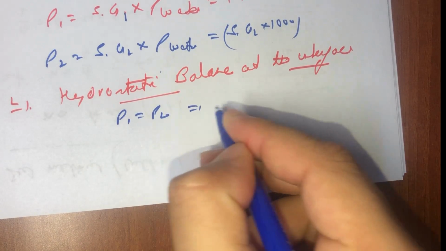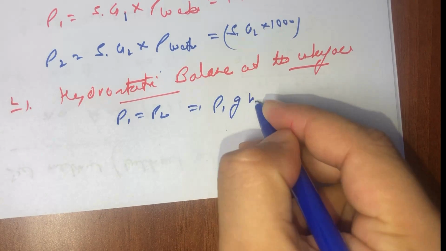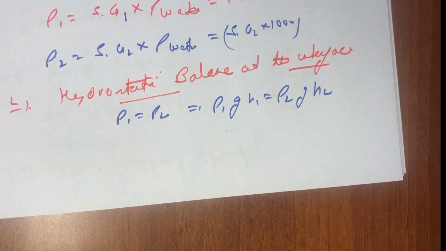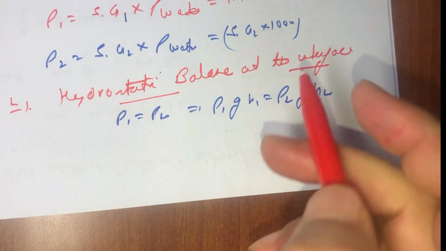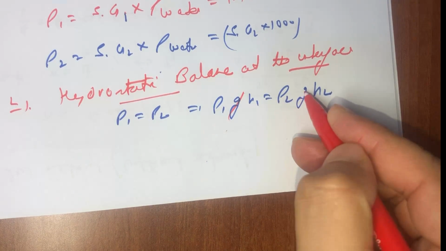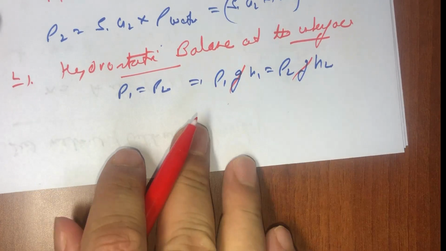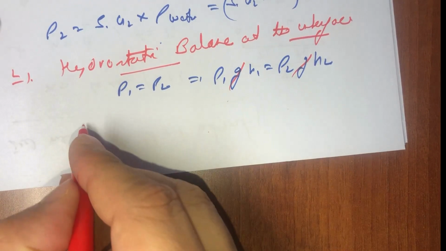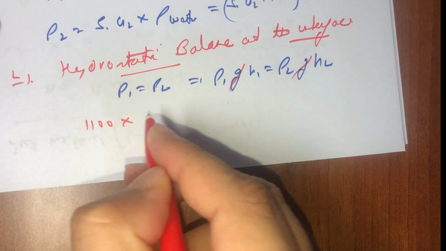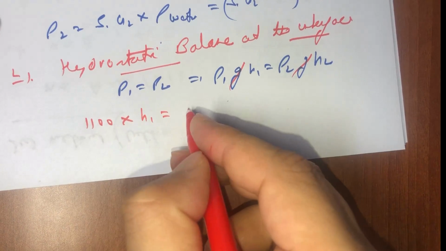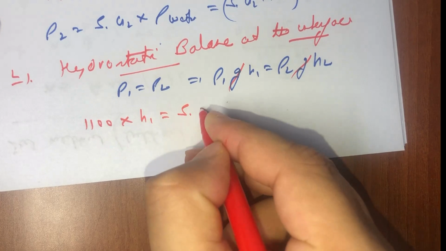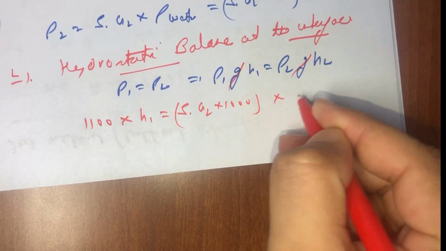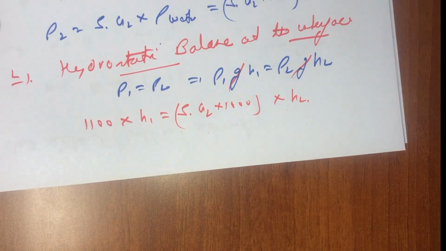We substitute the values, we get rho 1 g H1 is equal to rho 2 g H2, and this g and g cancel out. So here we have already calculated, it is 1100 multiplied by H1 is equal to SG2 multiplied by 1000 and multiplied by H2.